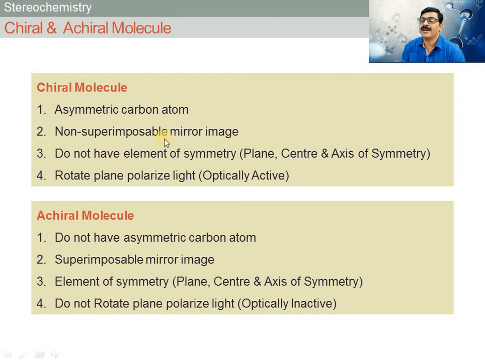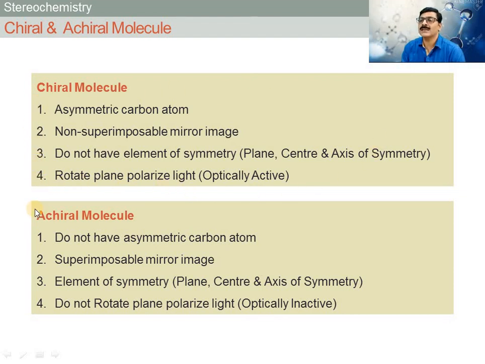Third, it does not have elements of symmetry, means plane of symmetry, center of symmetry and axis of symmetry are absent in such a molecule. And fourth, such a molecule rotates the plane polarized light clockwise or anti-clockwise, so it is called an optically active compound. Means a chiral molecule satisfies all these four conditions.